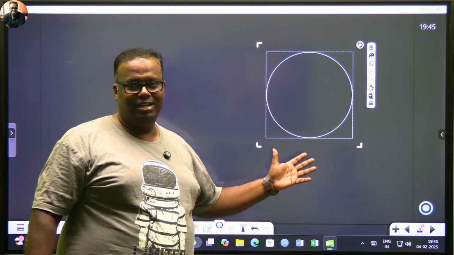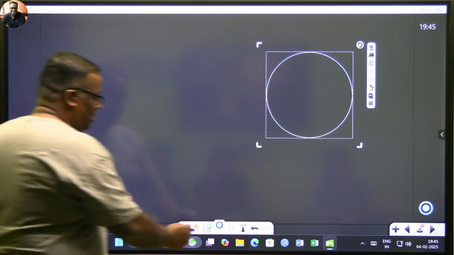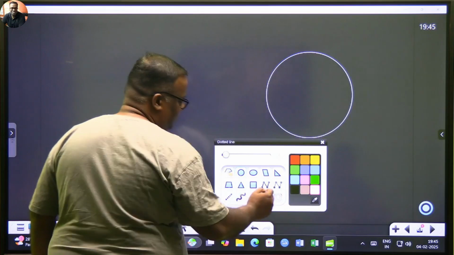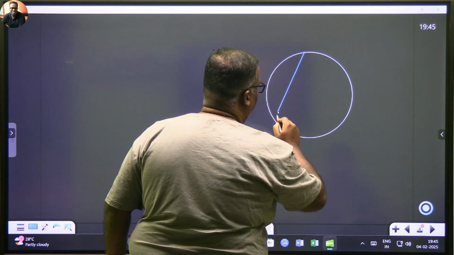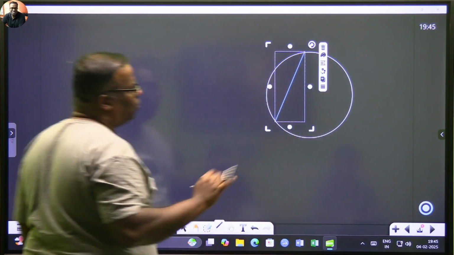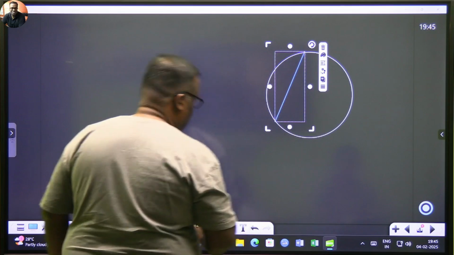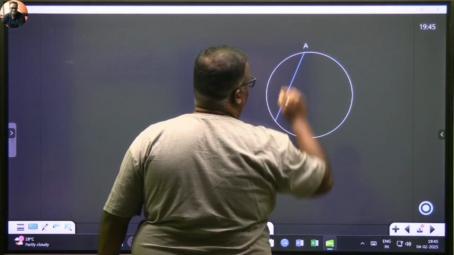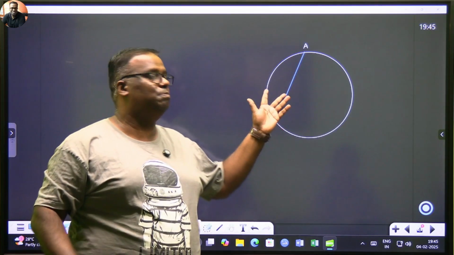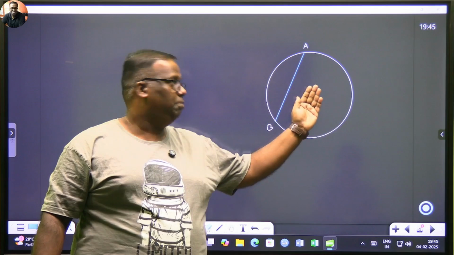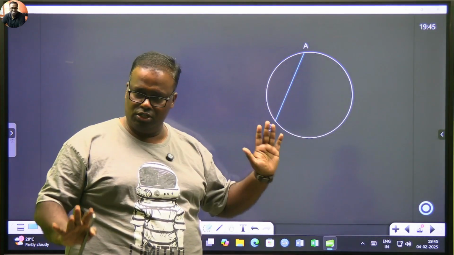Okay. Now let us understand some more things. So let's make one chord now. Again, not a theorem, just a concept. So this is known as AB. AB is a chord. And whenever you have a chord, it will always break the circle into two segments. Major segment, minor segment. Understood?